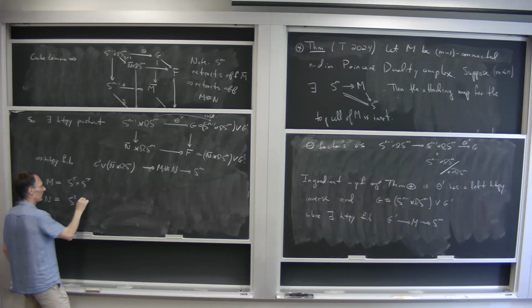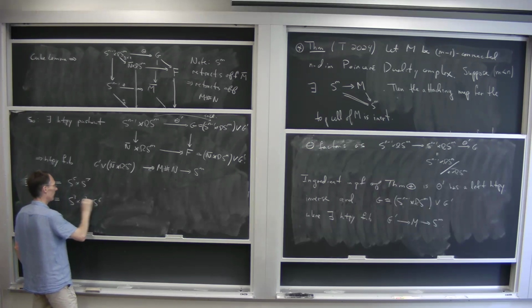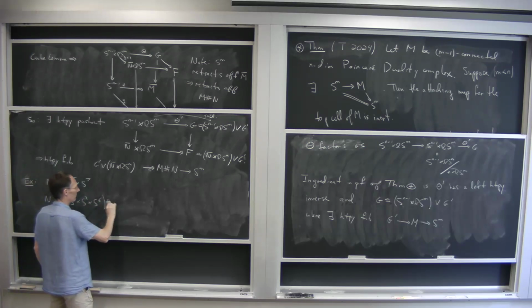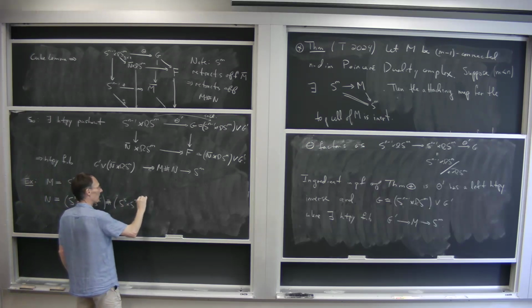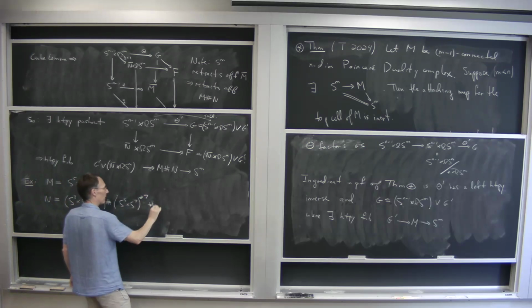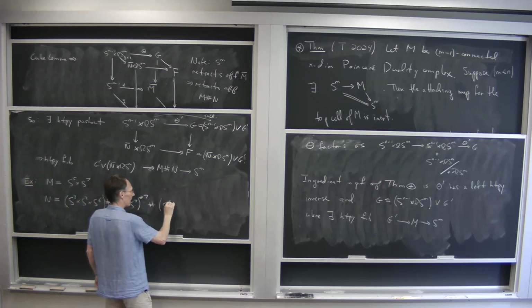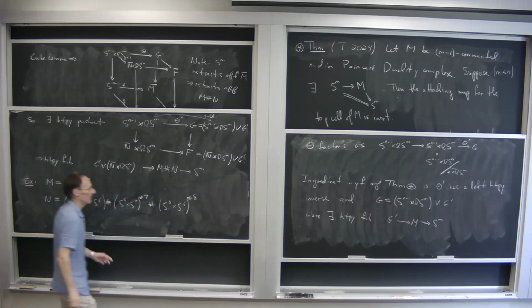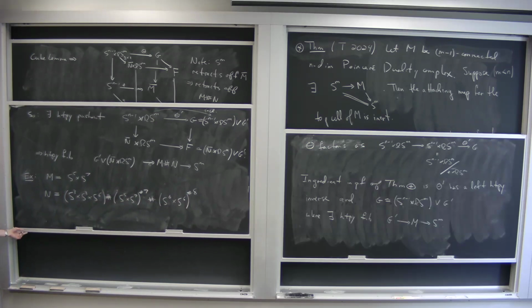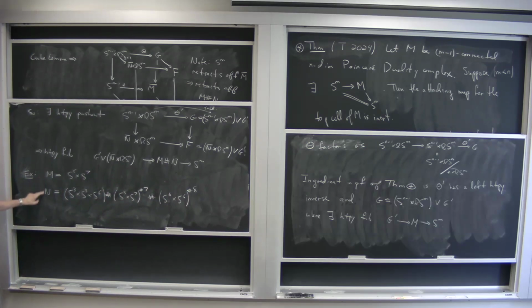So an S3 cross S3 cross S6 connected sum with 7 copies of S5 cross S7, connect sum 8 more copies of S6 cross S6 connected together. All right, so M connect sum N is the Chen, Ma, Wang, Irier manifold.